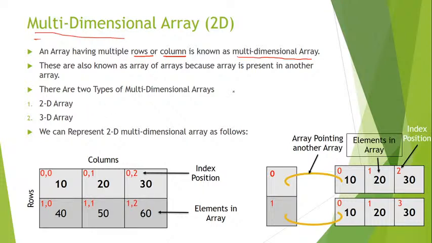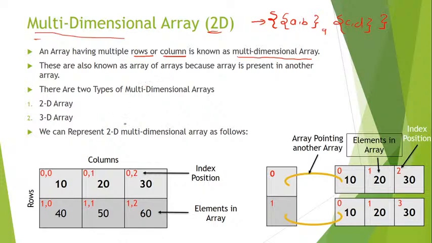And why do we call it 2D? Inside this main array we can also store sub arrays. Here we have a main array, and inside it we are storing different values. This is our two-dimensional array.